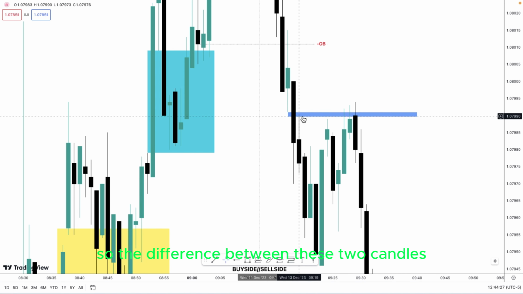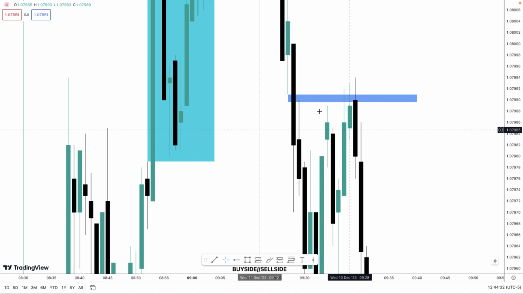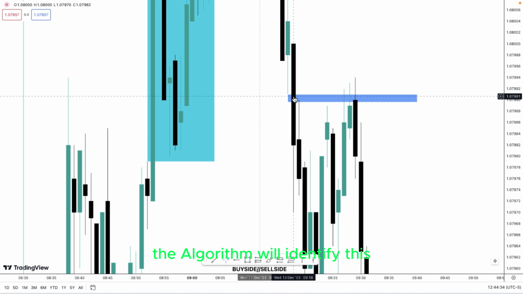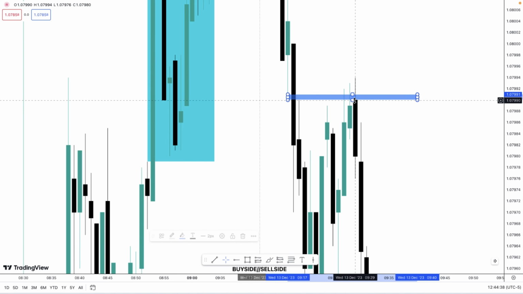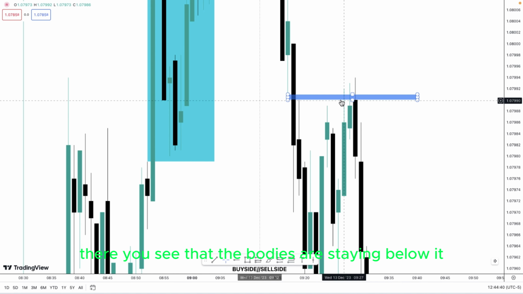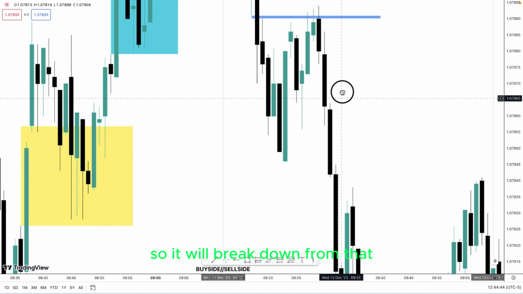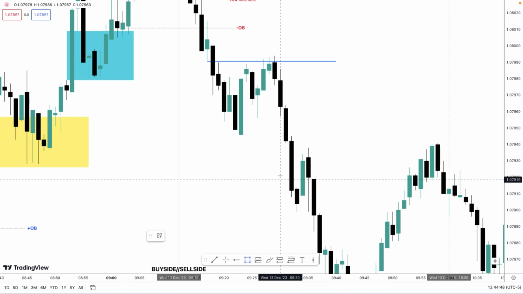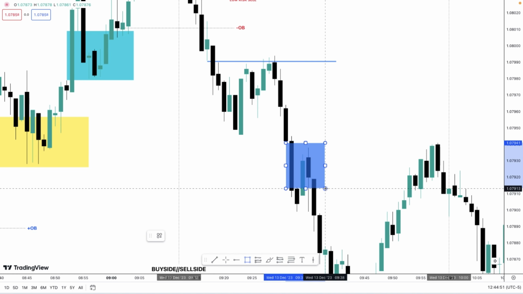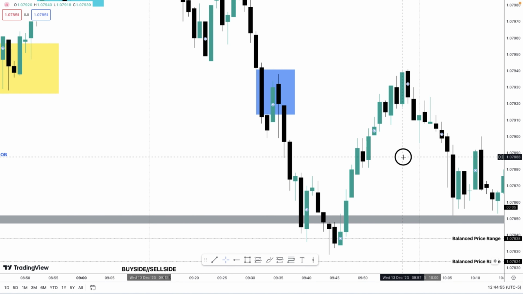That separation, that imbalance in price, the algorithm will identify and then trade back to it there. You see that the bodies are staying below it, so it will break down from that.